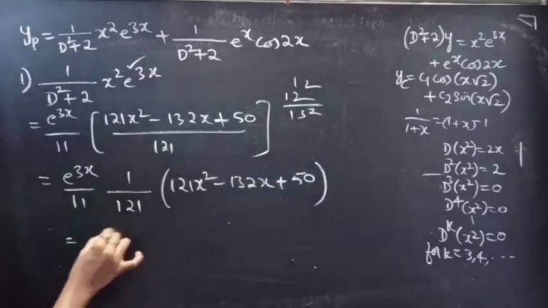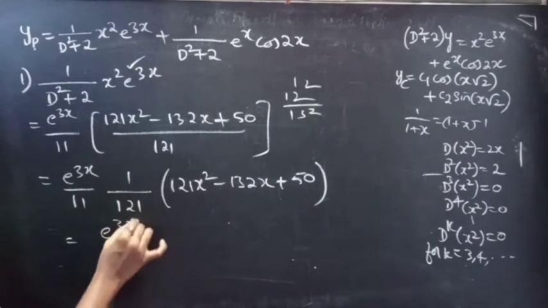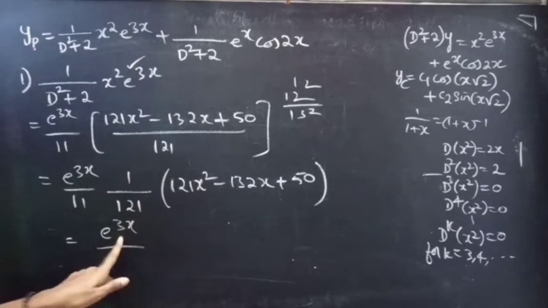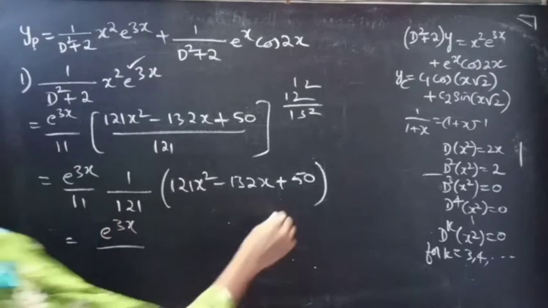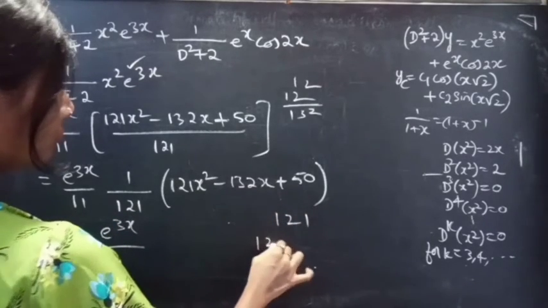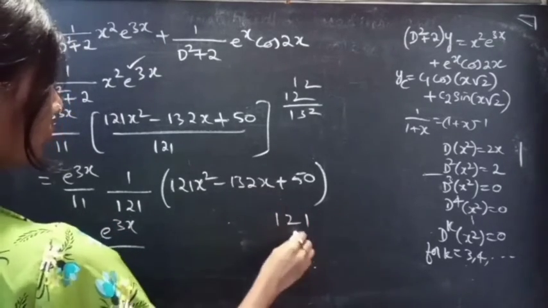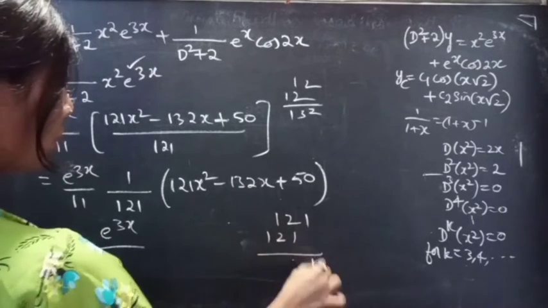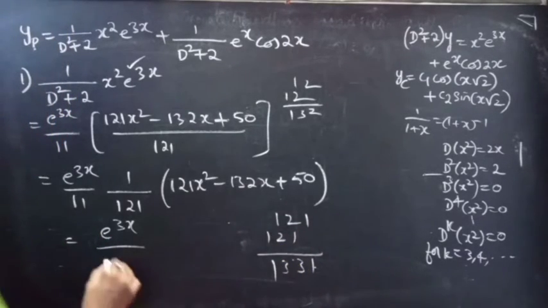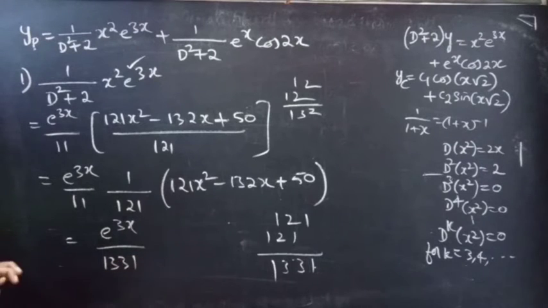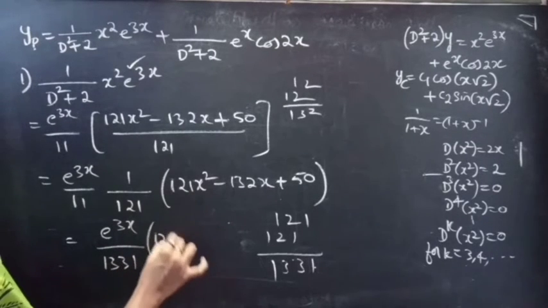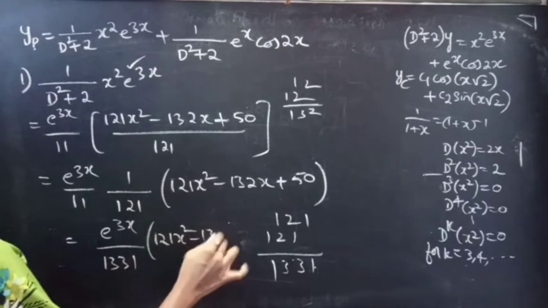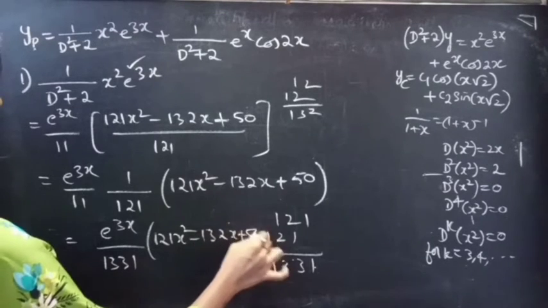This is equals to e power 3x into 1 is e power 3x, and 11 into 121 is 1331. So we have e power 3x by 1331 into (121 x square minus 132x plus 50).